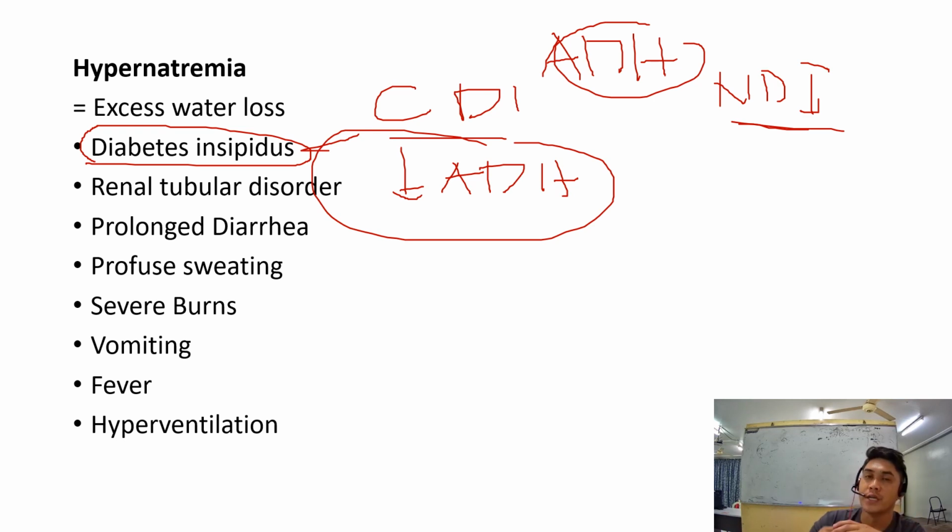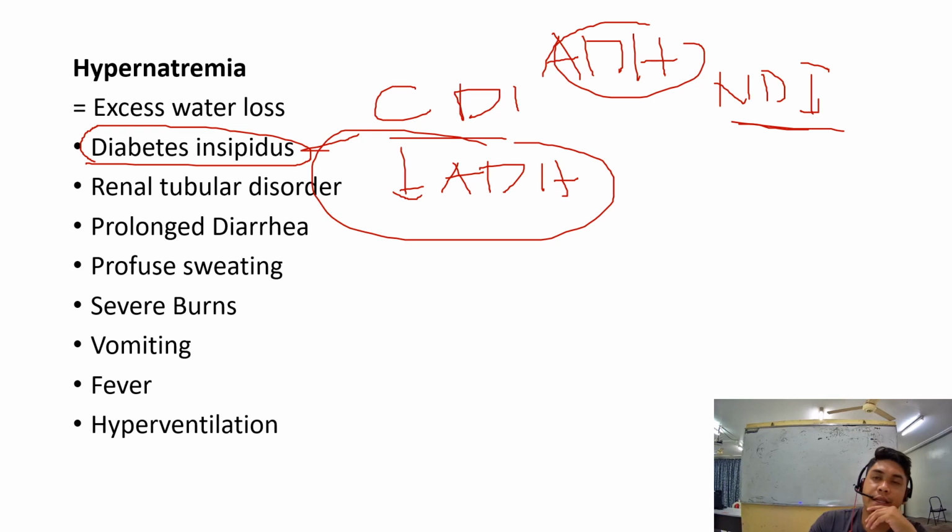That's why there's increase in urine formation. The purpose of ADH is to control the loss of water via reabsorption. So for central diabetes insipidus, there is decrease, deficiency, or absence of ADH.